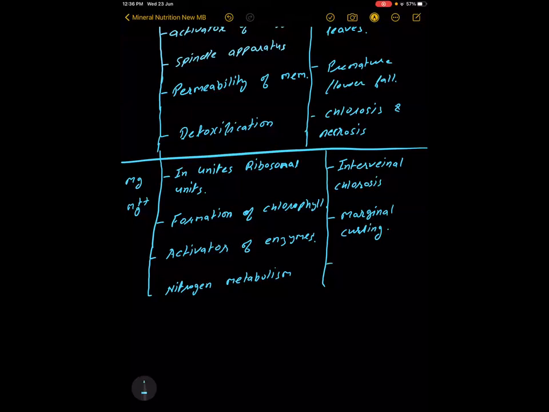Intervenal chlorosis means chlorosis starts between the veins, unlike generally where chlorosis occurs in the vein. So intervenal chlorosis, necrosis, that's it.